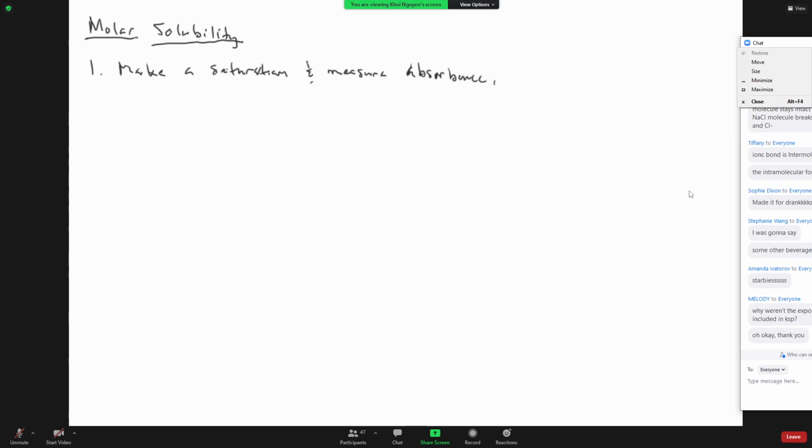And to do that, we need to know what Beer's law is. So Beer's law states that the absorbance of a substance is equal to its extinction coefficient times the concentration of your sample times the length of the cuvette that you're using to measure. Okay, this is the equation for absorbance.